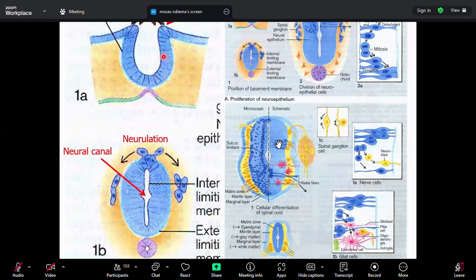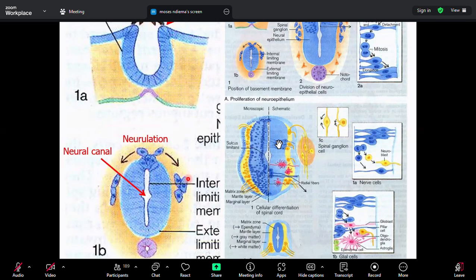Once this fuses, we have migration of the cells at the crest as neural crest cells. Some of those cells do not move very far, remain very close to the spinal cord, and will form neuroblasts, which eventually form spinal ganglia.